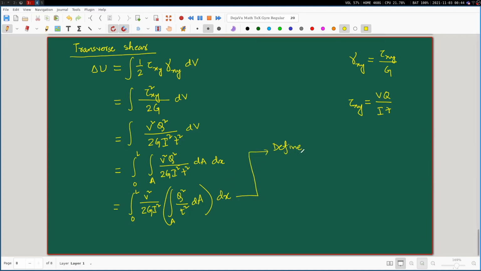After this step, we define something called a form factor for shear. F is equal to, so we are defining it. So it is our choice that we make it like this.